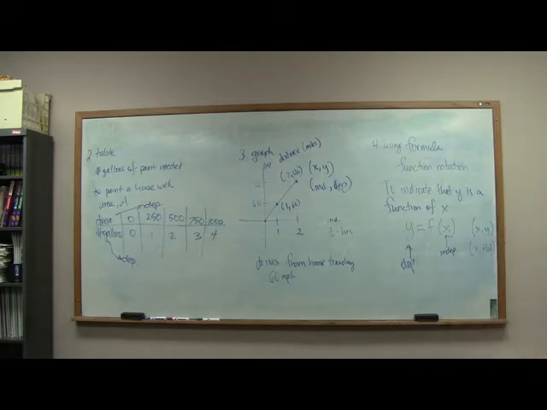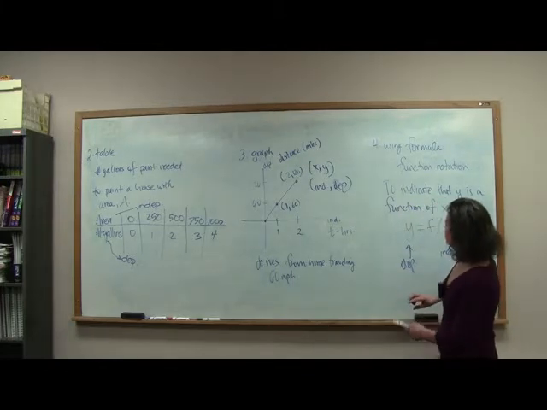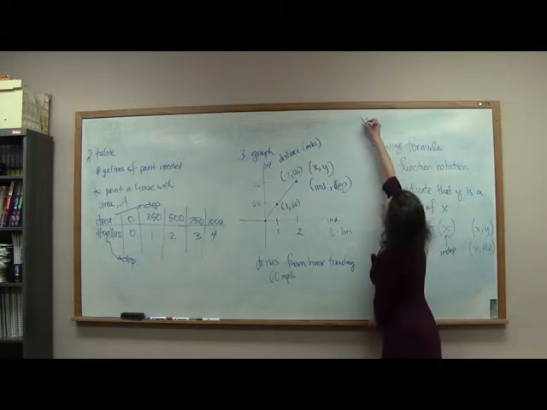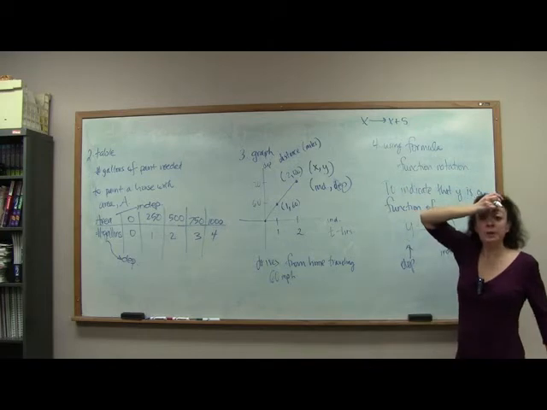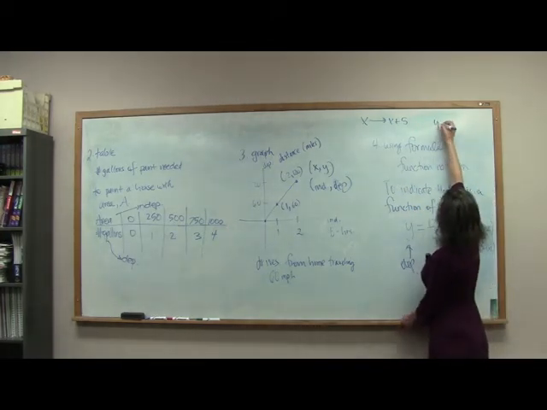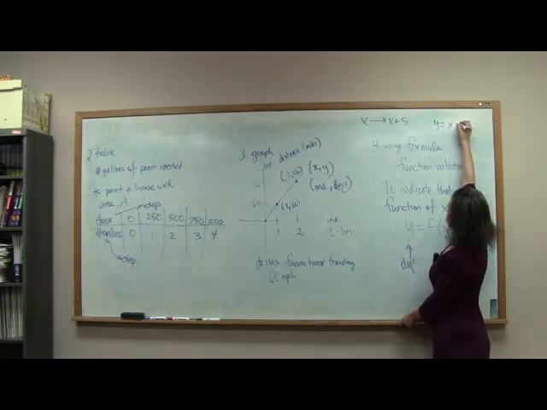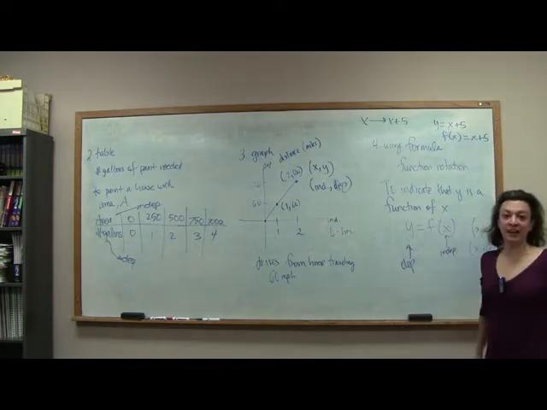So back to the two machines that we drew, you may or may not recall that the first machine took x to x plus 5. The way we would write that in function notation is we would say y is equal to x plus 5, or we can just say f of x is x plus 5.